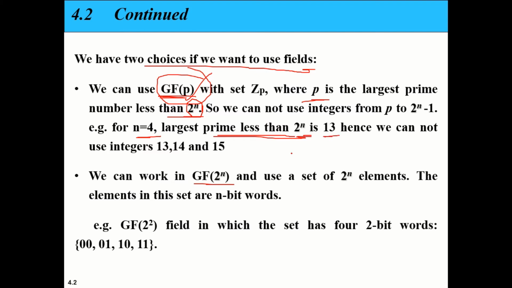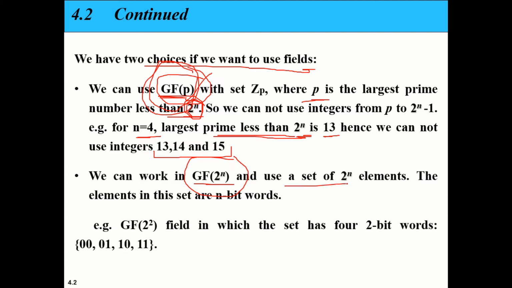But if the set is of 16 elements, which is 2^4, we would have numbers from 0 to 15. So out of these 16 elements, we will not be able to use 3 elements. That is the problem with this kind of field. But in the other field, there is no such problem. We make use of each and every element present in the field.